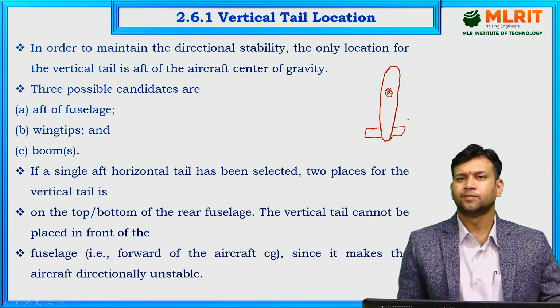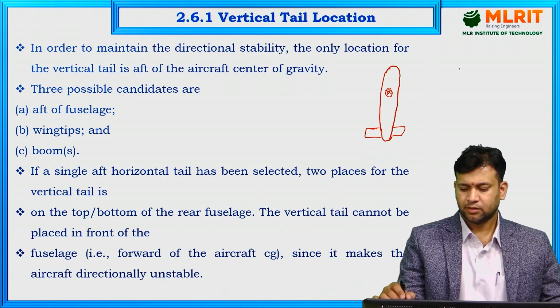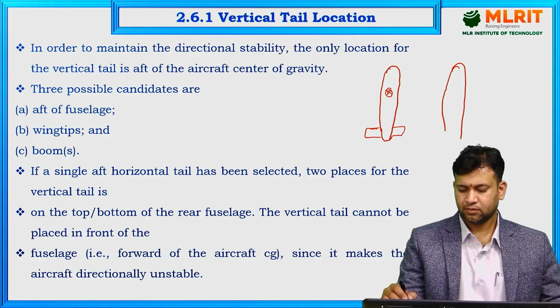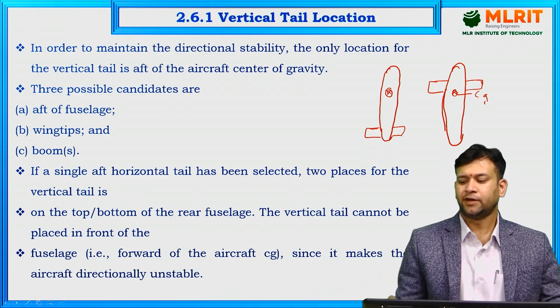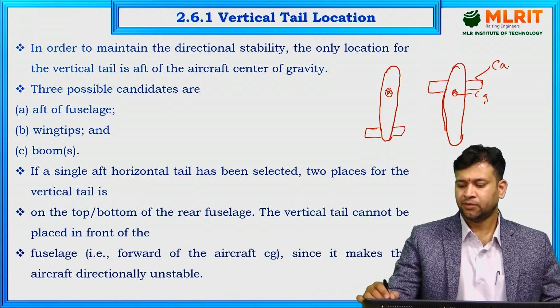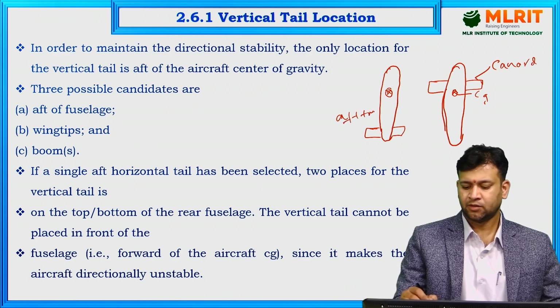This is called aft tail configuration. This is CG and having a canard here. This is the front tail. We generally denote it as canard, and this is aft tail configuration.